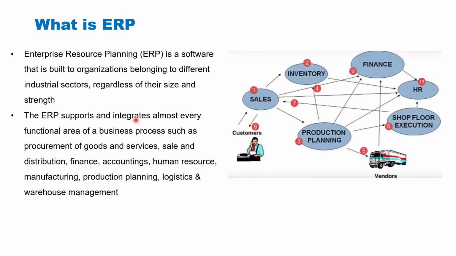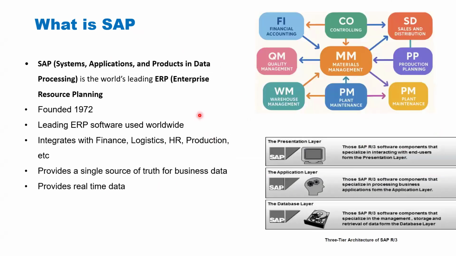If you have questions along the way, feel free to interrupt me and ask your questions, okay? So now we know what an enterprise resource planning tool is, and there are many other ERPs out there, not just SAP, of course, but SAP is one of the most popular ERPs in the world, right?